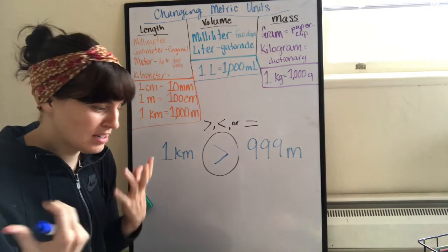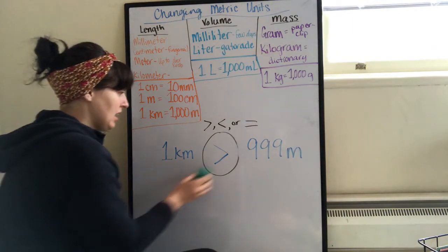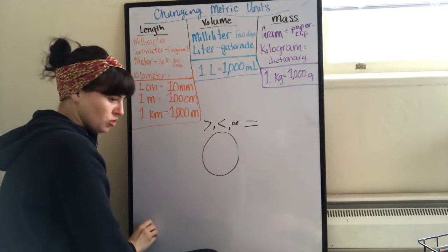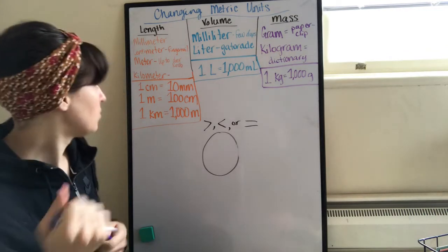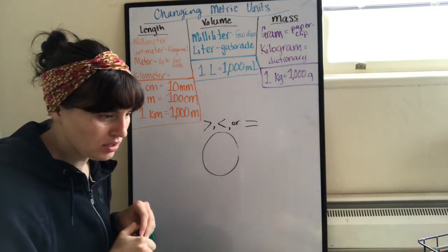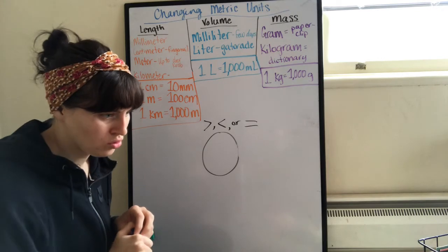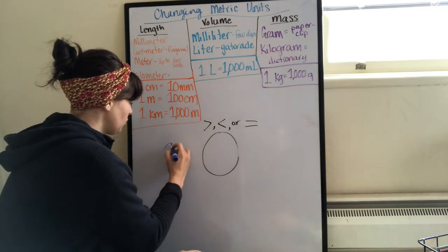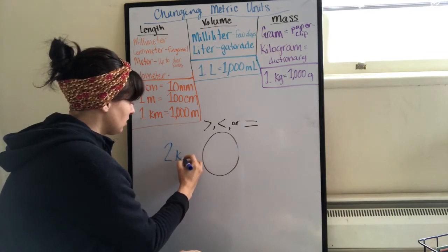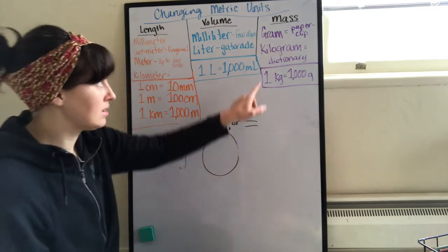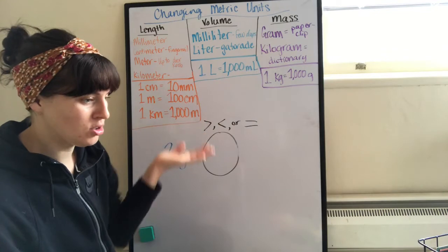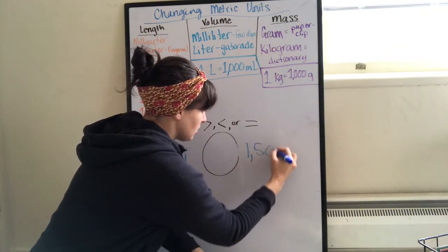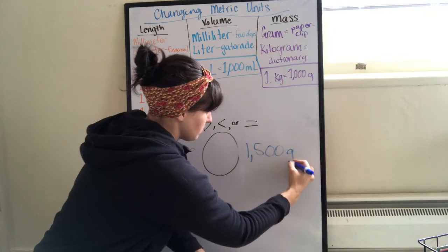I wish we were together to do a lot of examples. I'm just gonna do 2 more. Let's do a mass one. 2 kg, that's kilograms. Okay, so I have 2 dictionaries, 1,500 grams.